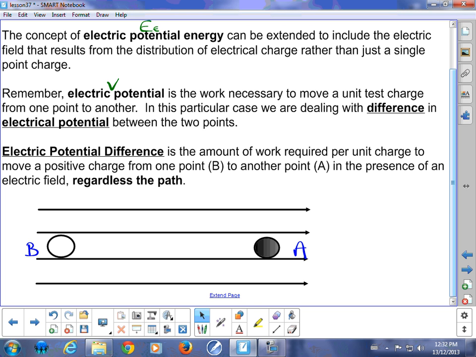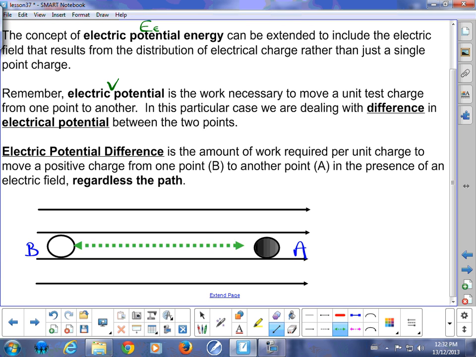For example, we could take a direct route from one to the next, or it could be that pathway, or it could be also that pathway as well. It doesn't really matter which pathway we choose. We're looking at the difference between point A and point B.